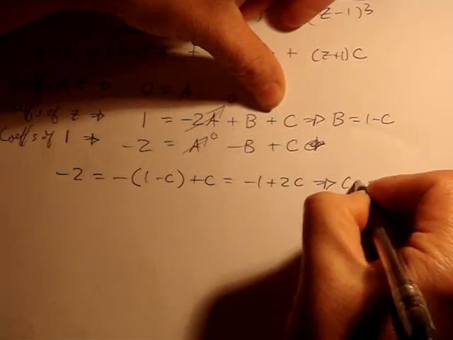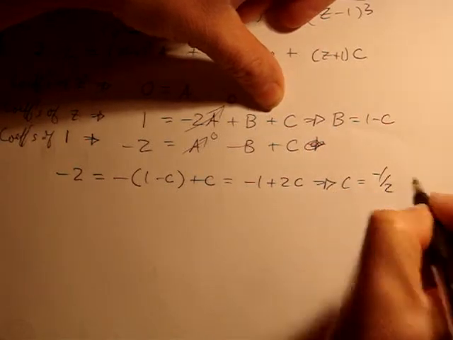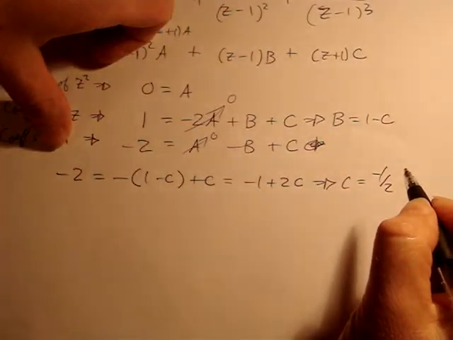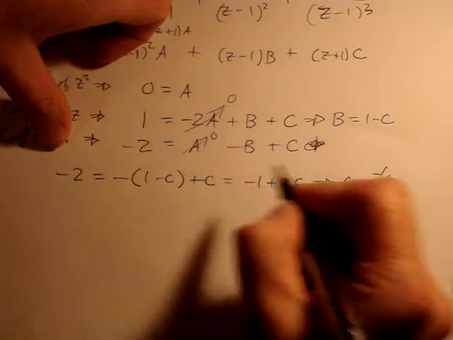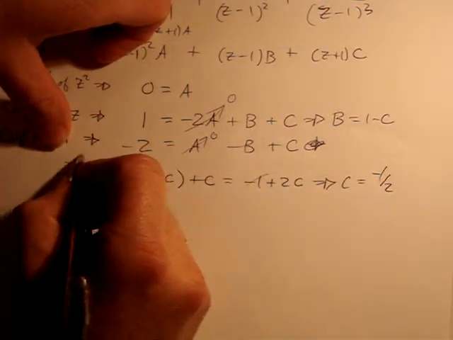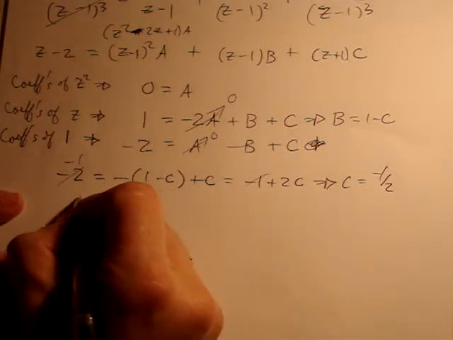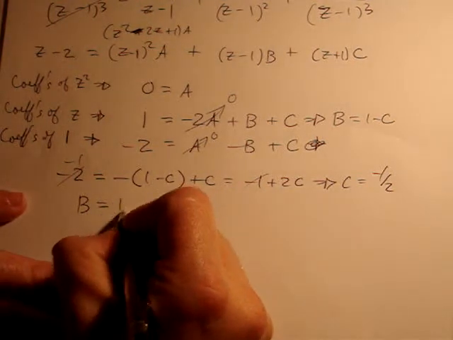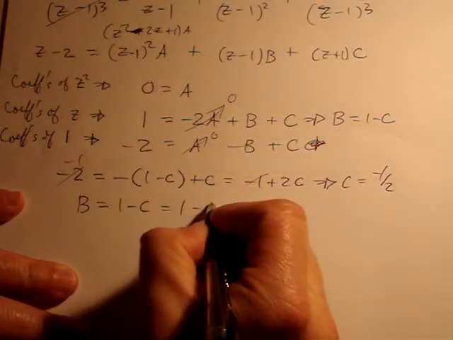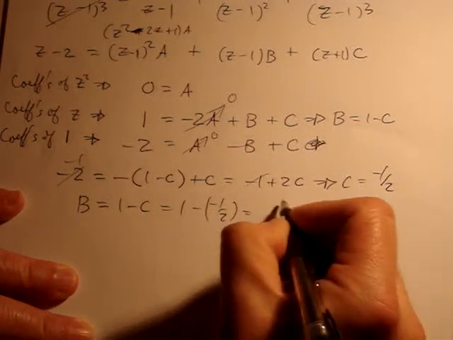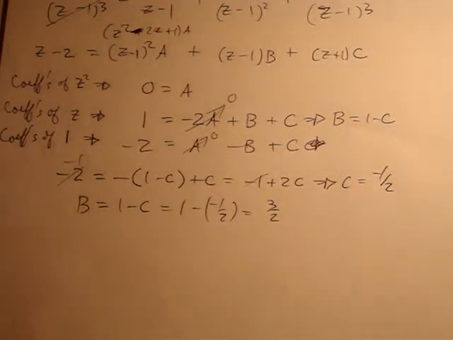So that says that C is negative 1/2. Let's add 1 to both sides and divide through by 2. Okay, so then our B is 1 minus C, 1 minus negative 1/2, looks like 3/2.